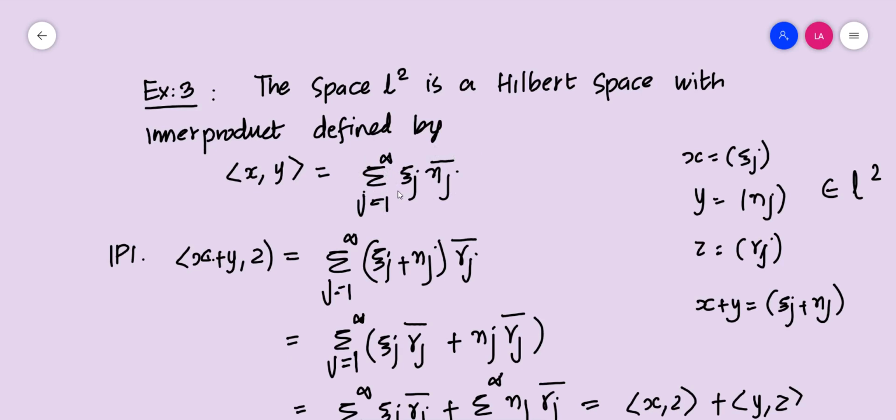Otherwise, this definition is immaterial. So please understand that before getting into all other details, this sum should always be a finite number, which can be easily established using the Cauchy-Schwarz inequality, and the individual sums are always bounded because the elements x and y belong to L2 space.